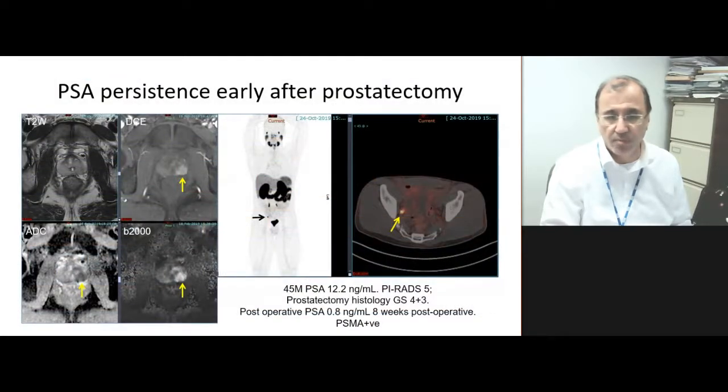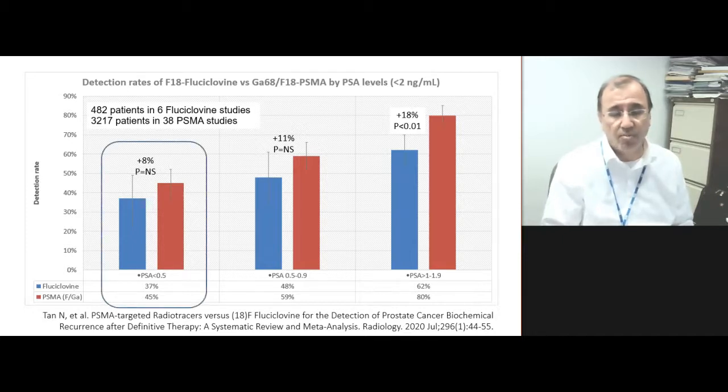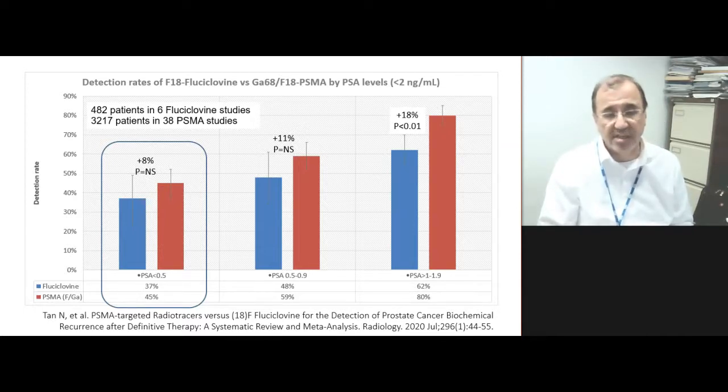Here's a man who has PSA persistence shortly after prostatectomy, and you can see the PSMA PET-CT scan shows a right internal iliac lymph node. How common is this, and does it relate to the PSA? Yes, it does. You can see here we've compared fluciclovine with PSMA, and you can see that when PSA levels are low, less than 0.5 nanograms per ml, in about half the cases you will see a focal area consistent with recurrent disease.